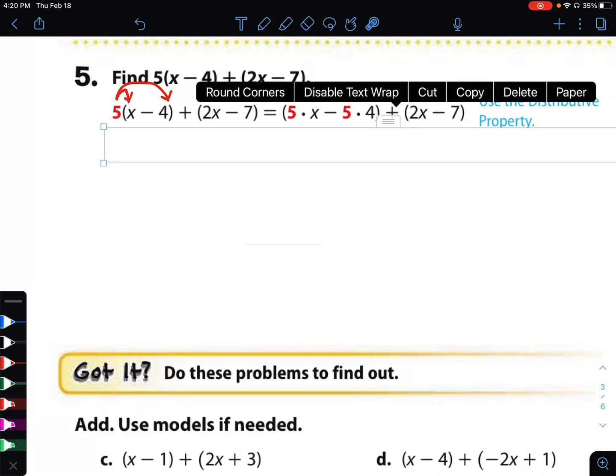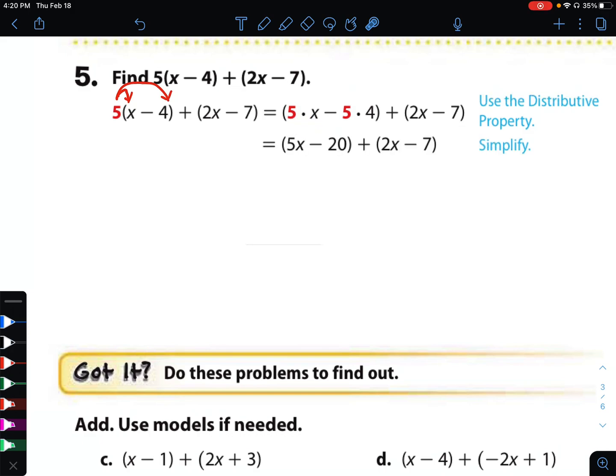We simplify that. We now know that 5 times x is 5x. 5 times 4 is 20, so this becomes 5x minus 20. We simply bring down 2x minus 7. Again, we arrange them vertically, meaning we line up our like terms in columns. The 5x and 2x are like terms, so we line them up in a column.